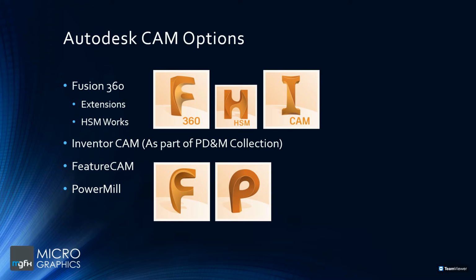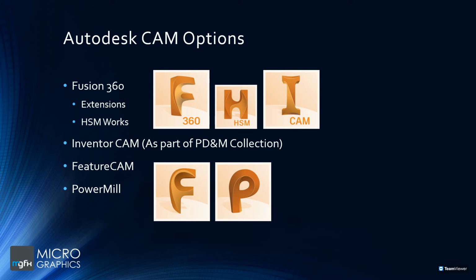For this presentation, I am going to concentrate mainly on the CAM solutions that were listed, and I will briefly mention a few things about additive manufacturing, but this is not the focus of the webinar.